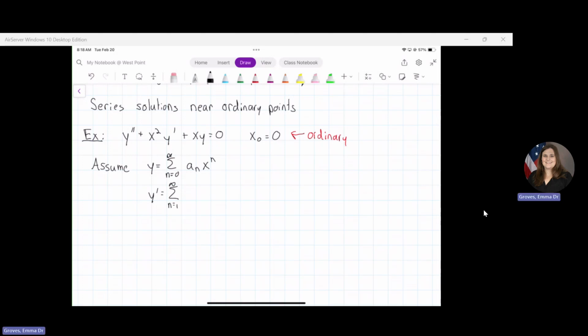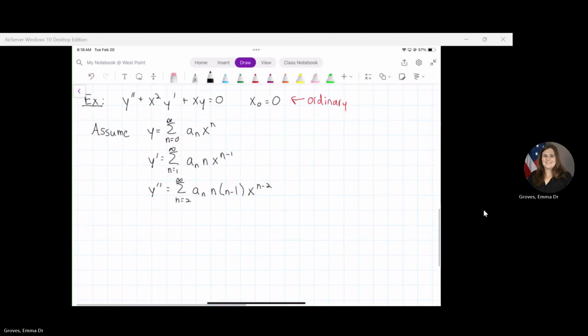So the sum n equals 1 to infinity of a sub n x to the n minus 1. And then y double prime is going to be the sum from n equals 2 to infinity, a sub n, n minus 1, x to the n minus 2.